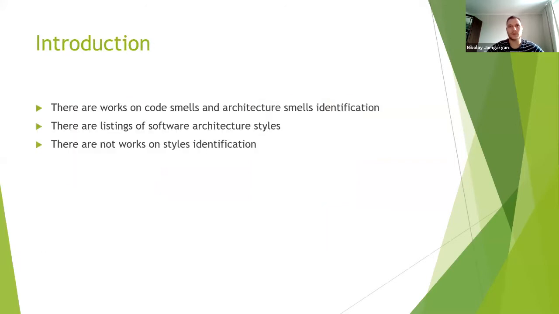So, when we were starting the research, we found out that there is a lot of literature in software engineering on code smells identification and architecture smells identification. And there are a lot of listings and abstract descriptions of software architecture styles.